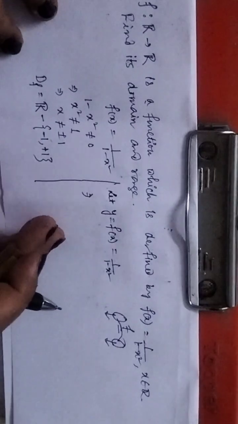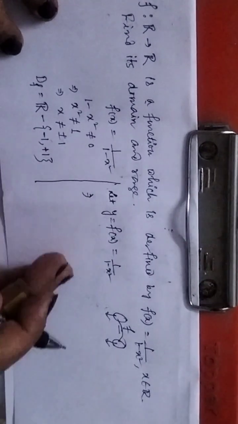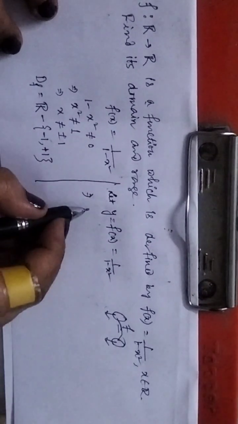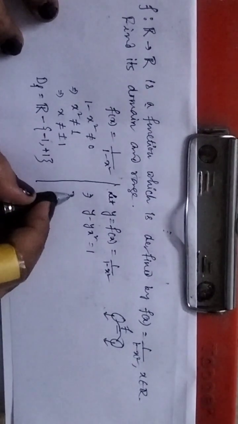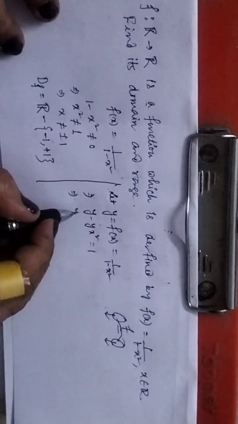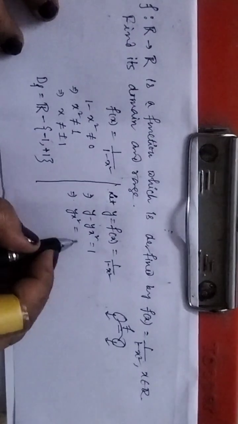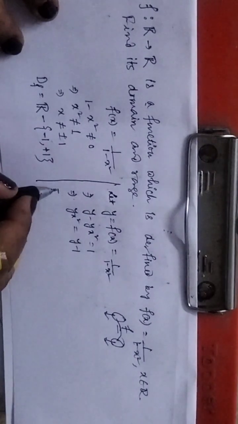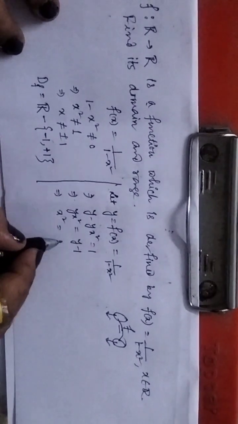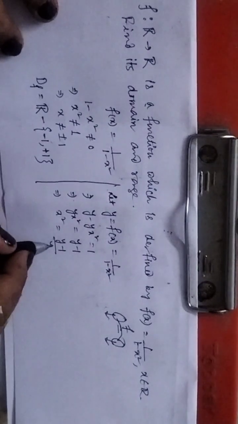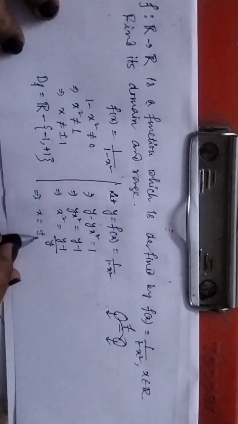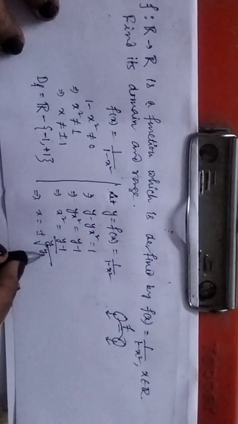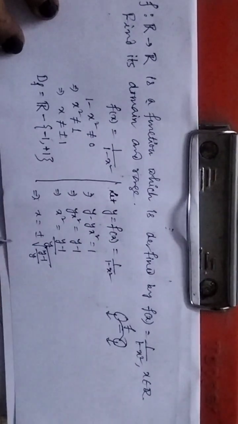This will be the easiest way of determining the range. Let's see. y minus y x square equals 1. So y x square equals y minus 1. So x square equals y minus 1 by y. So x equals plus minus root over y minus 1 by y.